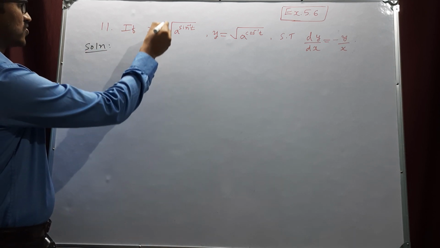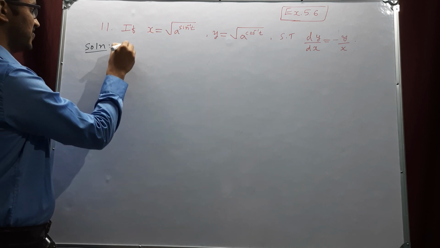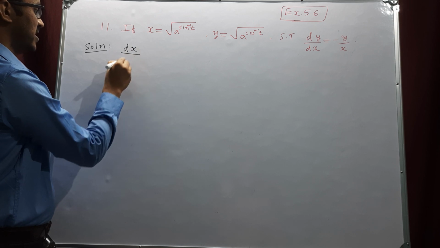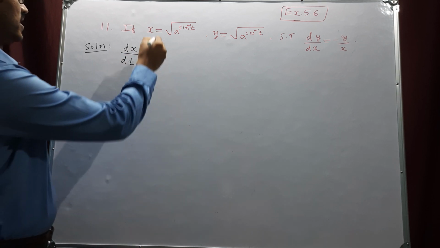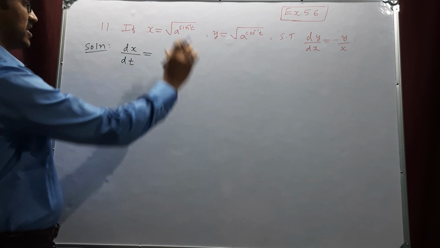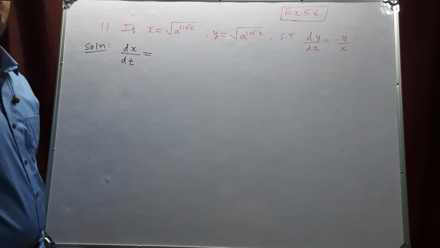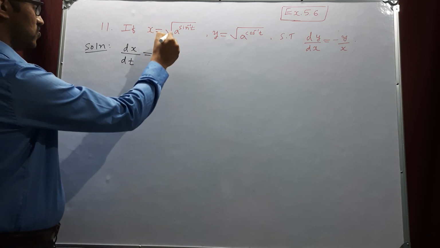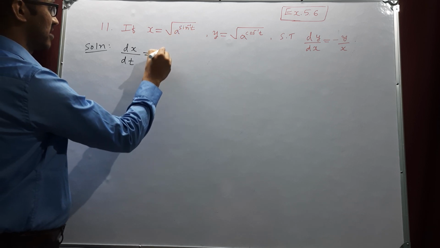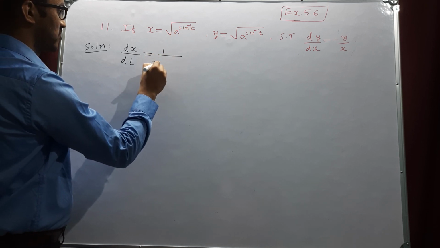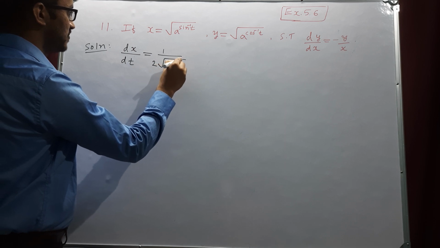So x is equals to root of a power sin inverse t. So differentiating with respect to t, dx by dt is equals to, so root of something. So we know that derivative of root x means 1 by 2 root x. So derivative of root of a power sin inverse t can be written as 1 by 2 root a power sin inverse t.